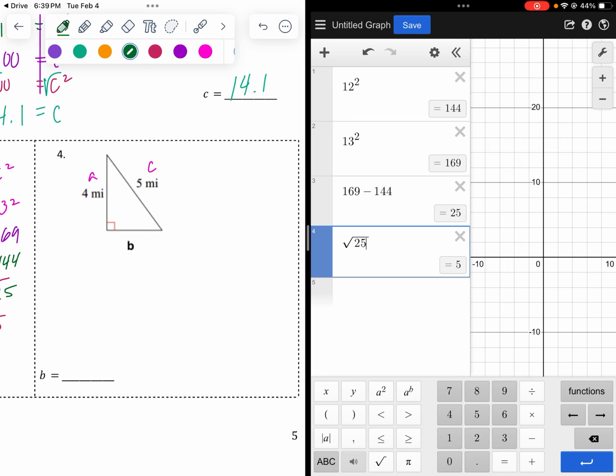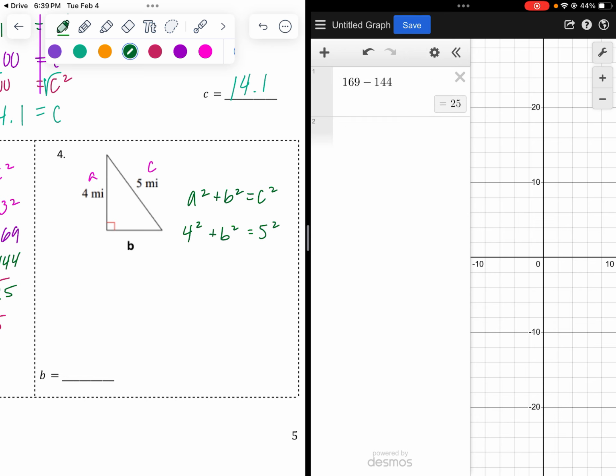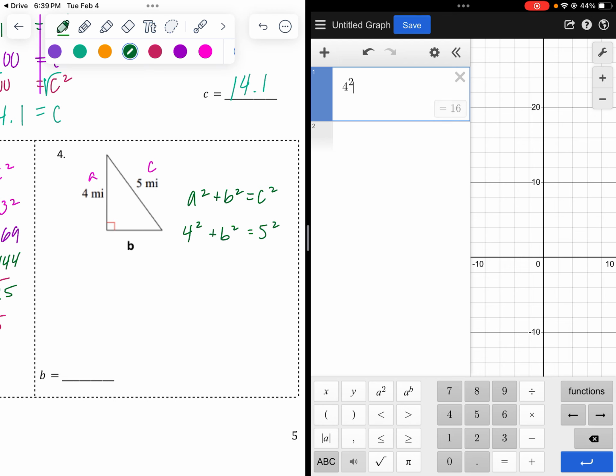Right? Number 4, same exact thing. I'm going to write out my equation. I have a squared plus b squared is equal to my c squared. A looks like it's 4, so I have 4 squared plus b squared is equal to c squared, which is 5 squared. So I have 4 squared, which is 16, plus b squared is equal to 5 squared, which is 25.